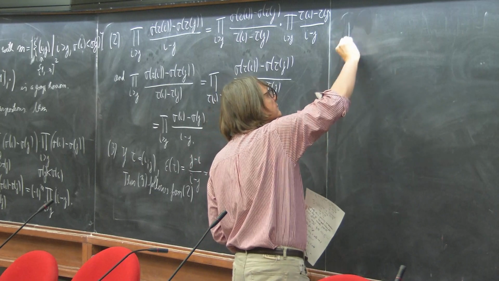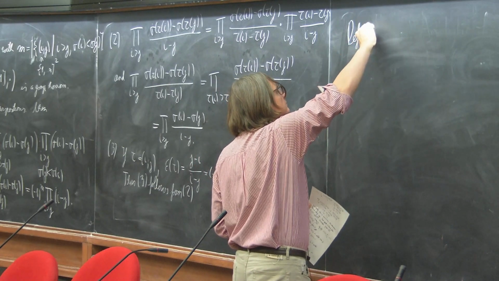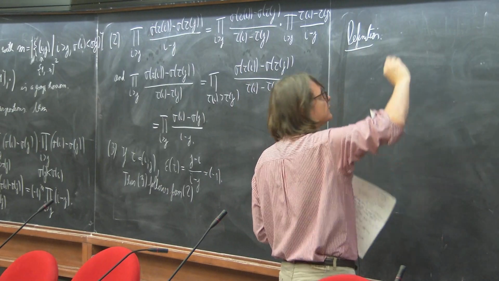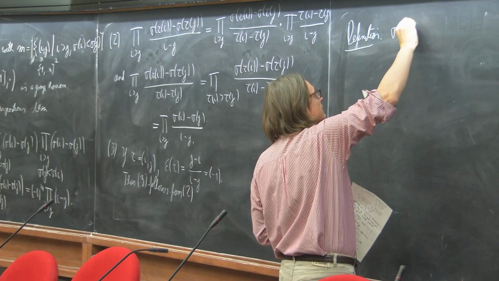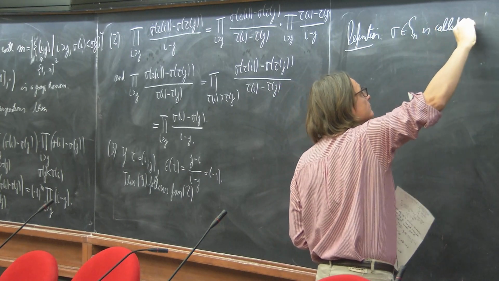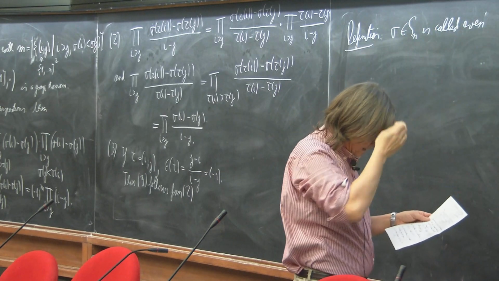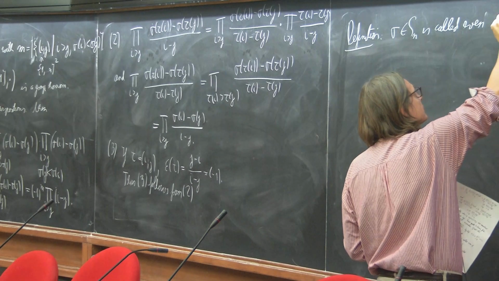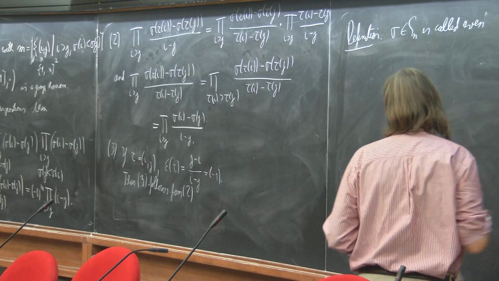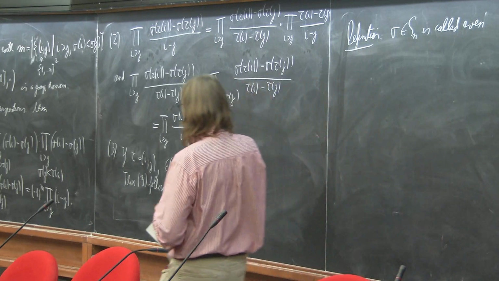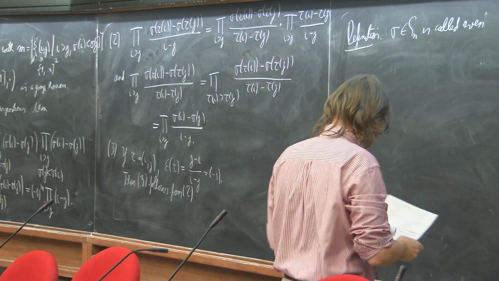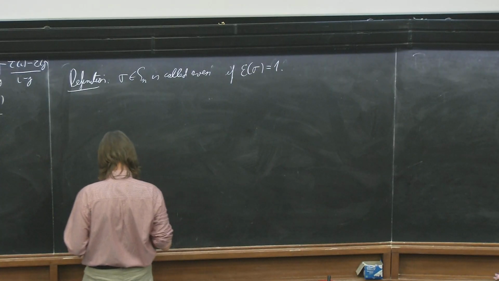So, definition. A permutation sigma in Sn is called even if epsilon of sigma is equal to 1, which is equivalent to saying that if I write it as a product of transpositions, I always need an even number of transpositions.